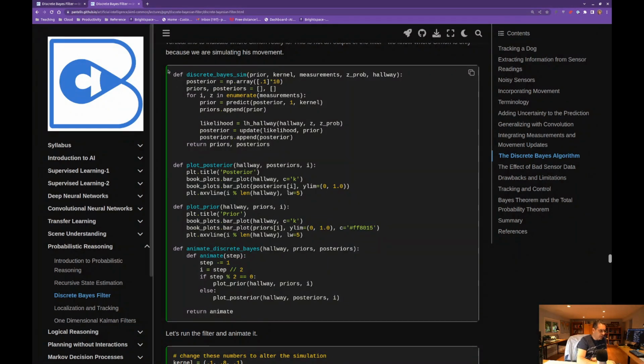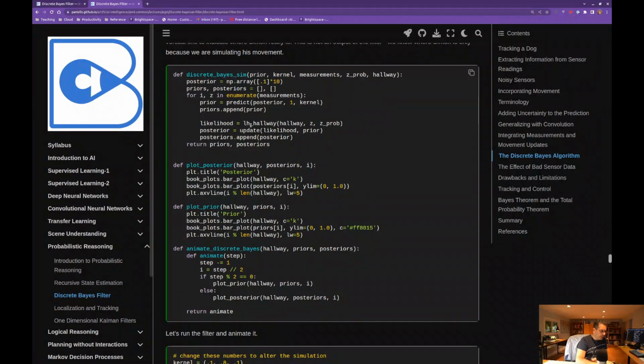This is really the function that implements the discrete Bayes filter. And you can see here we are starting with a belief hat and a belief, which are empty arrays, and with an initial belief of 1/10 for each of the 10 locations. And we are enumerating with a for loop, first with a predict step to get our belief hat, and appending to the list over here.